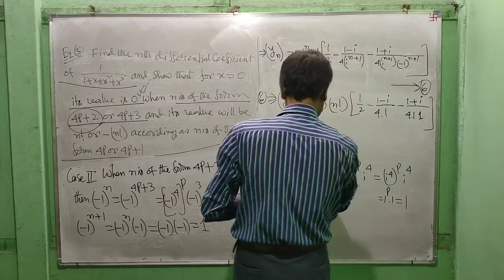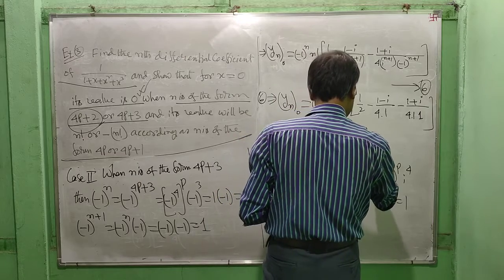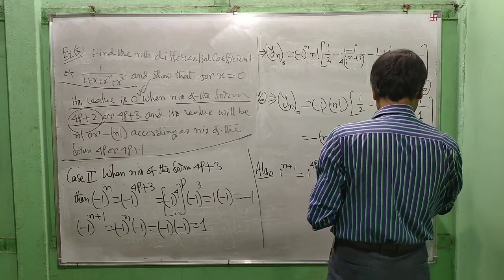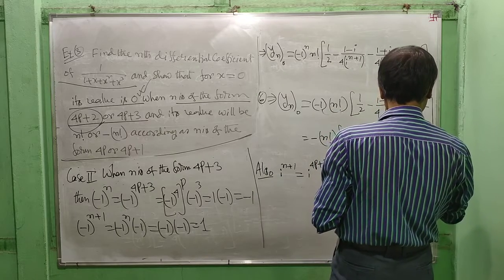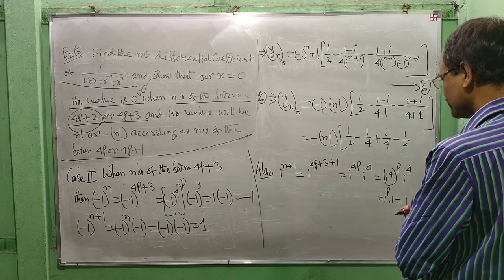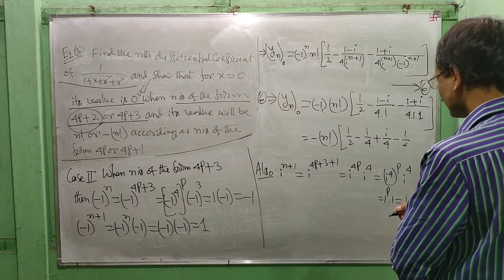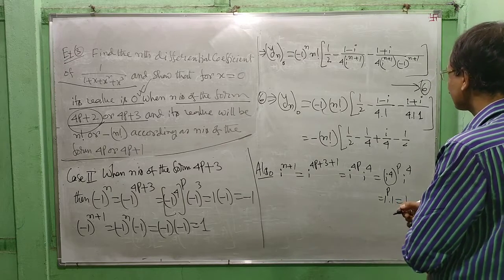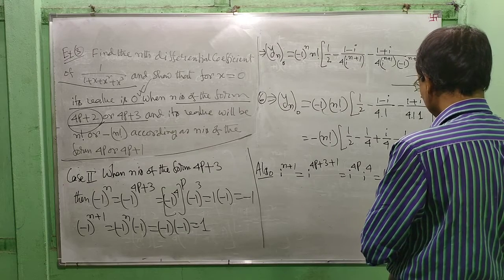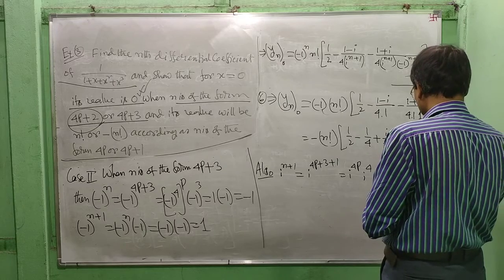This is equal to minus factorial n times [1/2 - 1/4 + i/4 - 1/4 ...].